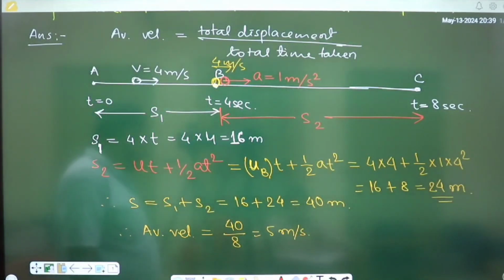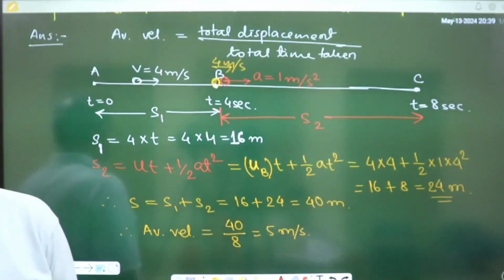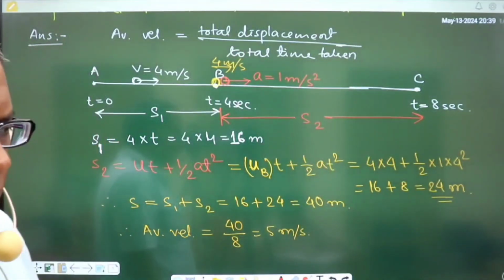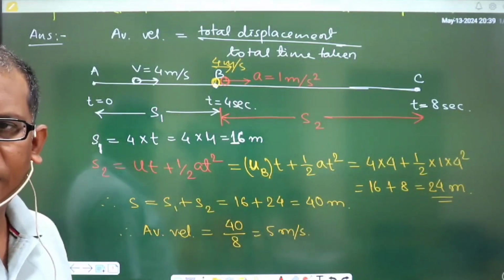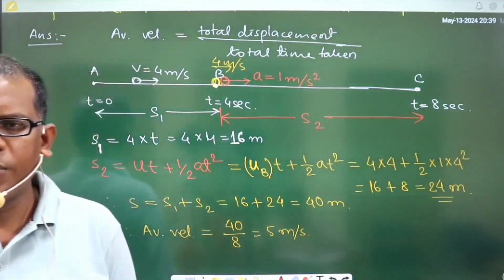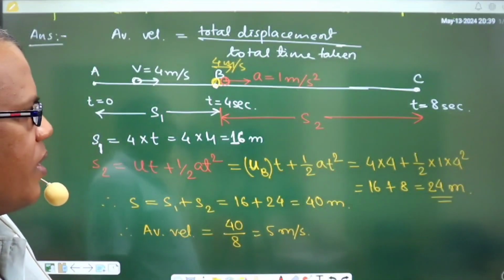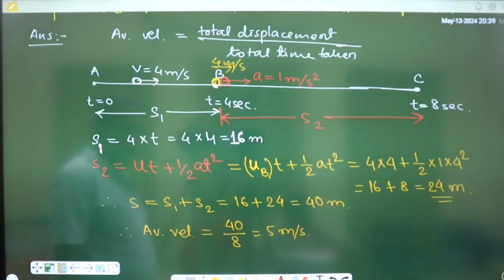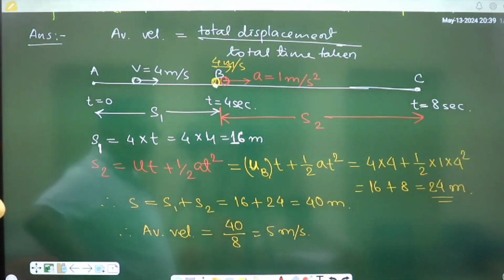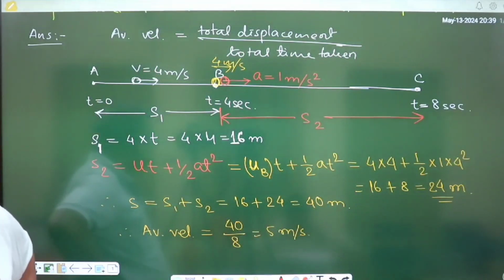Got it now? Whatever the different phases given in an overall journey, you need to calculate the total displacement in the given time, and total displacement divided by the total time taken will be the average velocity.